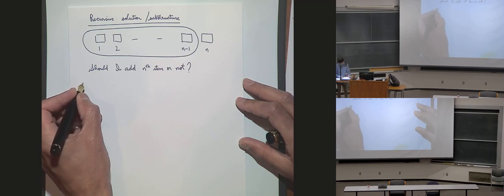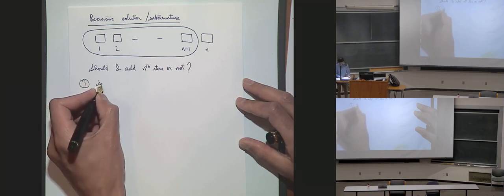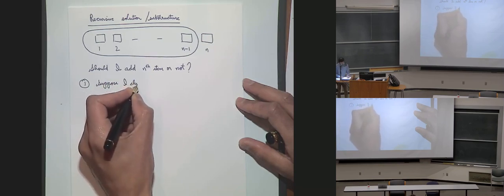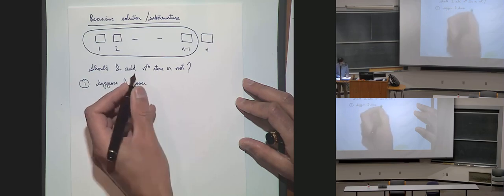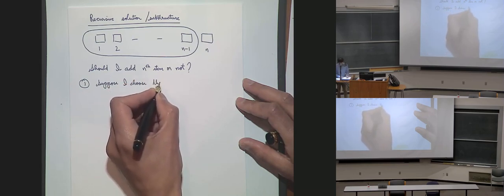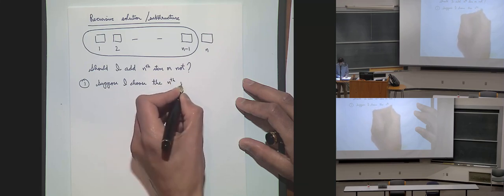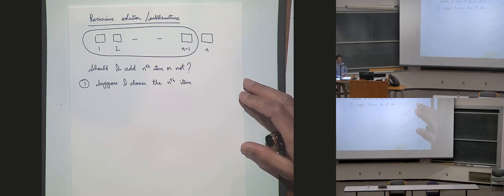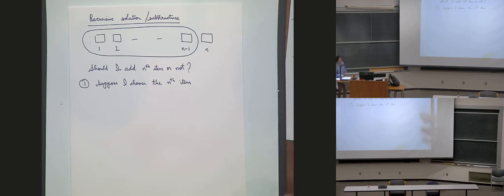So I'll say case 1. Suppose I choose the nth item. So now what happens? I decided to actually pick it. I want to come up with a recursive problem.